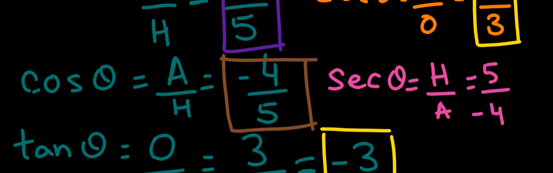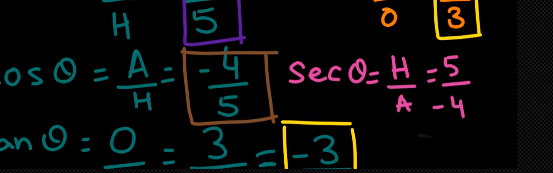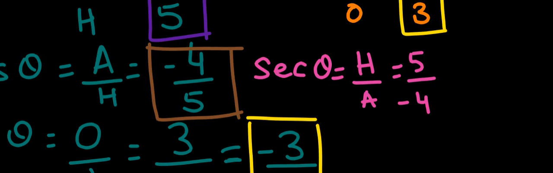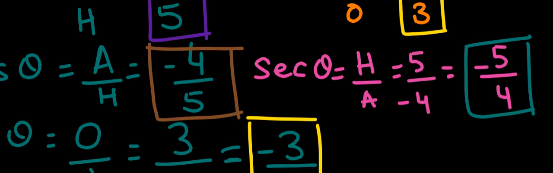And again, positive over negative is negative. So that's -5 over 4. And let's box it. So that's our secant theta.